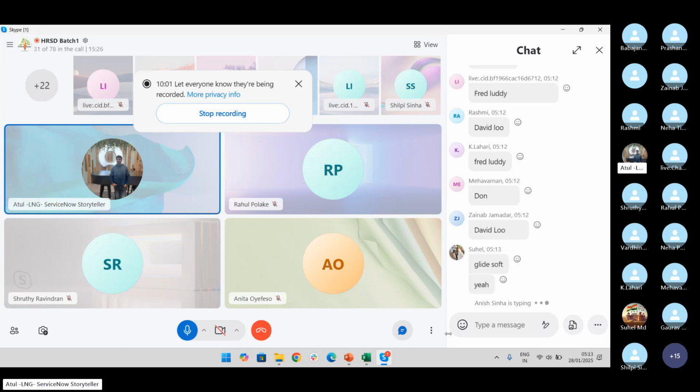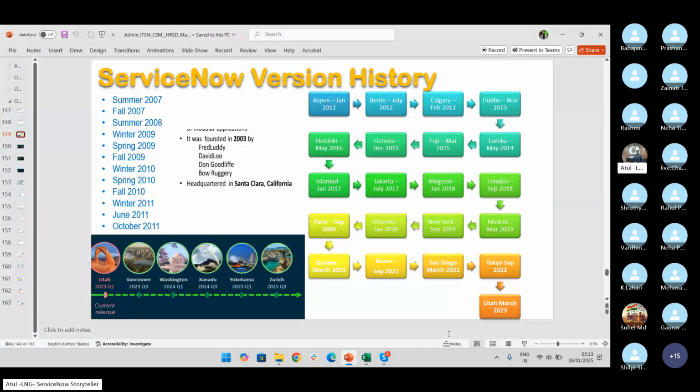Now, when it was founded initially, they were releasing versions, like nowadays we're using iPhone. Almost everybody's using iPhone: iPhone 3, 5, 7, 9, 11, 12, 13, 14, 15, 16.